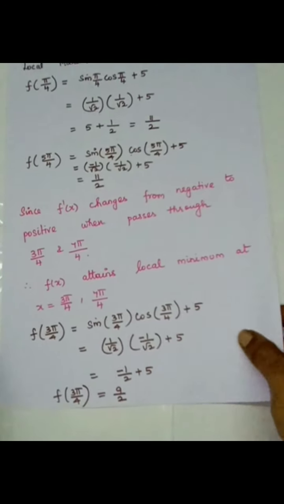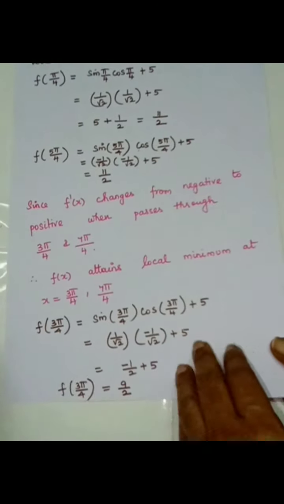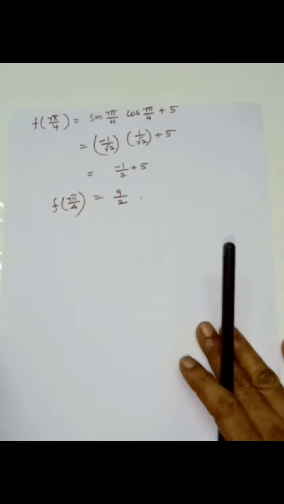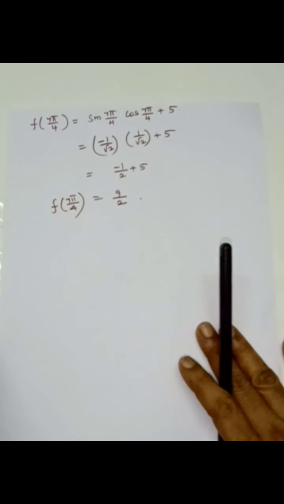And you have to substitute f of 7 pi by 4. Okay. So when you substitute f of 7 pi by 4, you see that sin 7 pi by 4 cos 7 pi by 4 plus 5. 7 pi by 4 is nothing but, what is that? It is 315 degree.